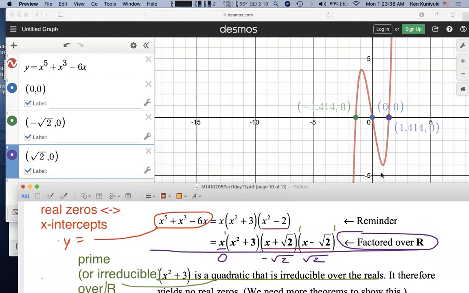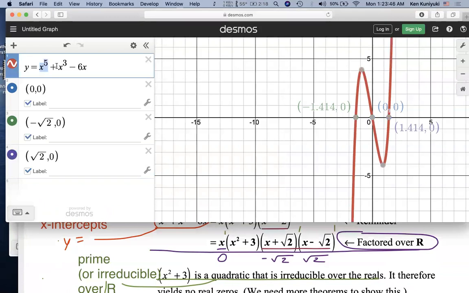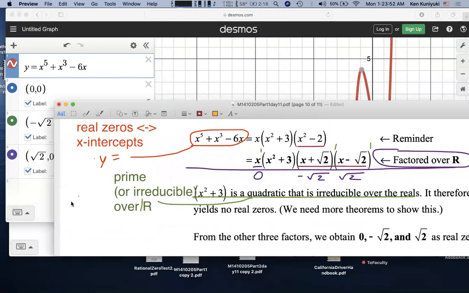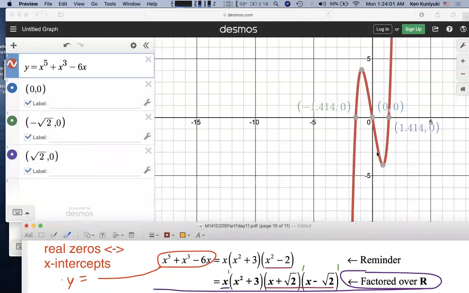Notice something else. What kind of function is this? Where f of x equals x to the fifth plus x to the third minus 6x to the first. We have here an odd function, which means that the graph is going to be symmetric about the origin, (0, 0).